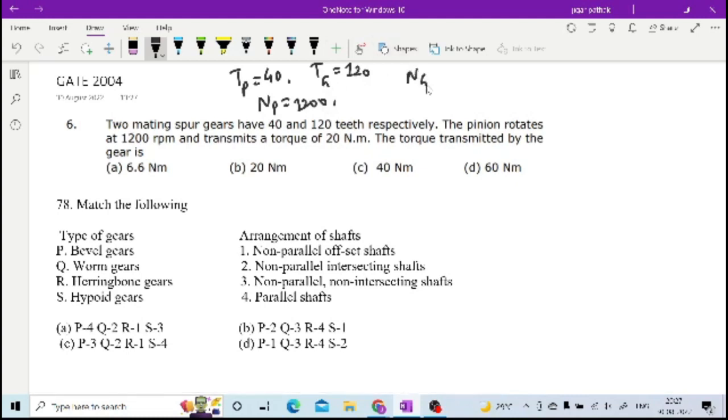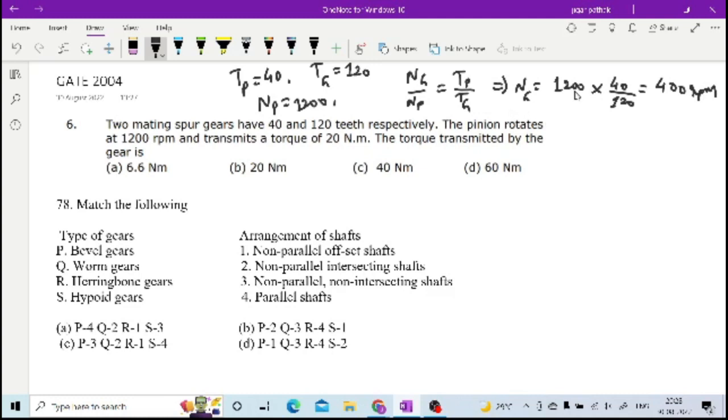So Ng by Np is Tp by Tg. So Ng is equal to Np, which is 1200, into Tp, which is 40, divided by Tg, which is 120. So you will get 400 rpm as your speed of gear.